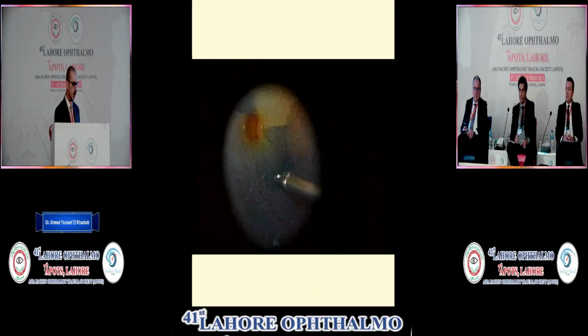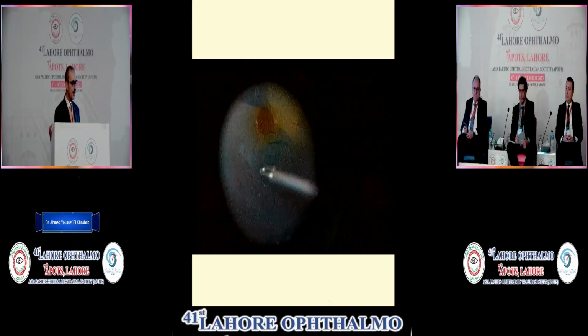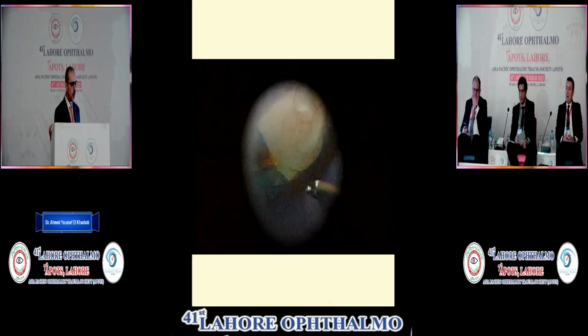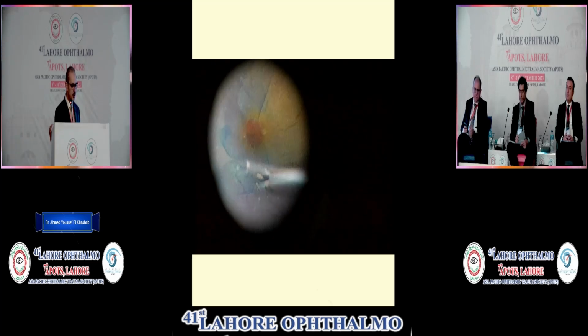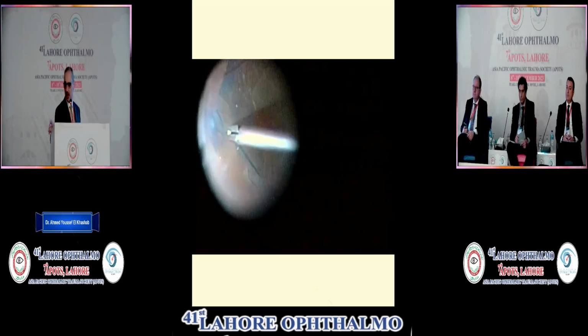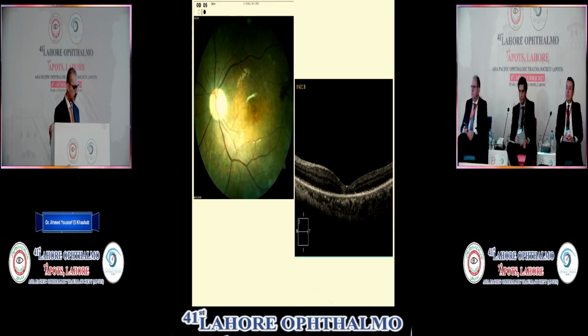Sometimes we can do it without the PFCL, but if the retina is extremely mobile, I would use PFCL to stabilize the retina and the flaps. And this is the post-op image.